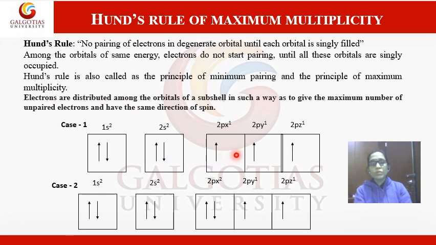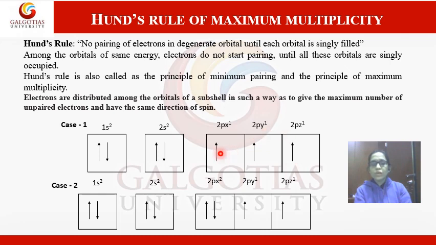Let us see what happens in the 2p orbitals. The p subshell has three orbitals, px, py and pz, and all are degenerate orbitals, meaning they have the same energy. So how will we arrange these electrons? Can we put two electrons in one orbital? No, there are three. We first have to put one electron in each orbital.